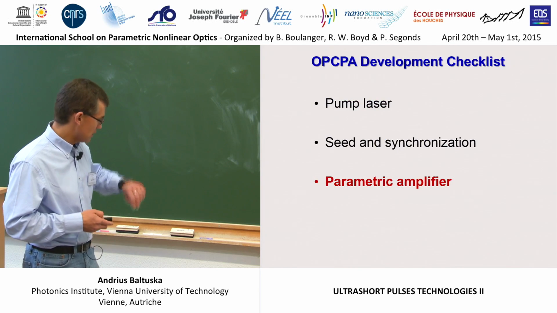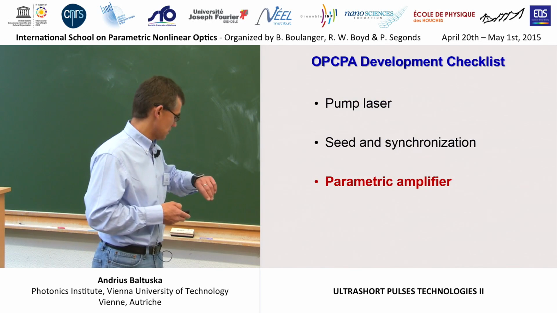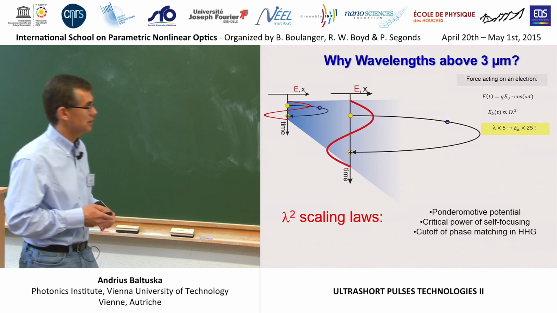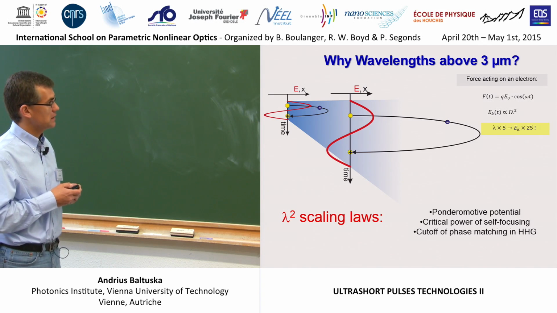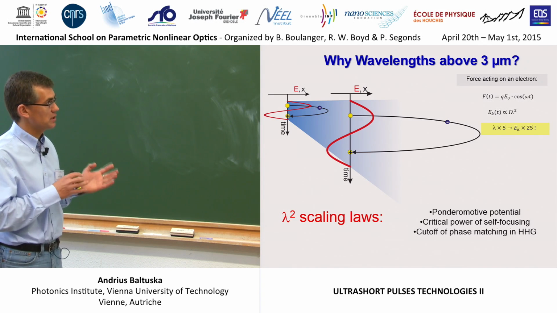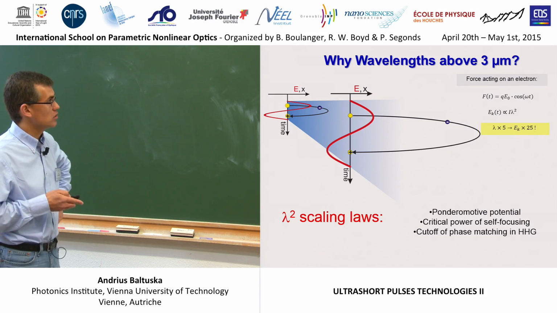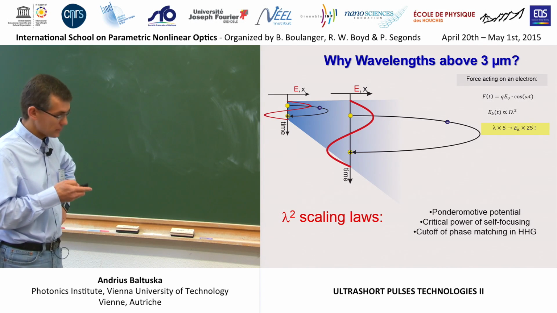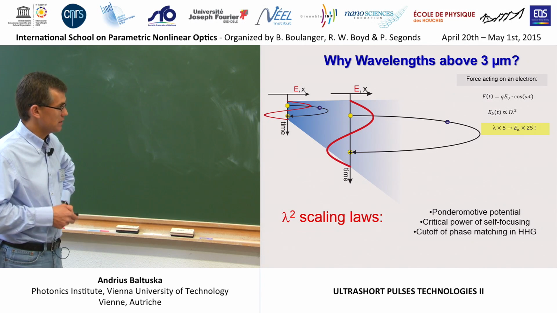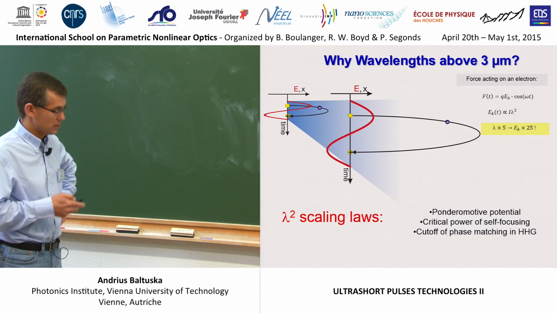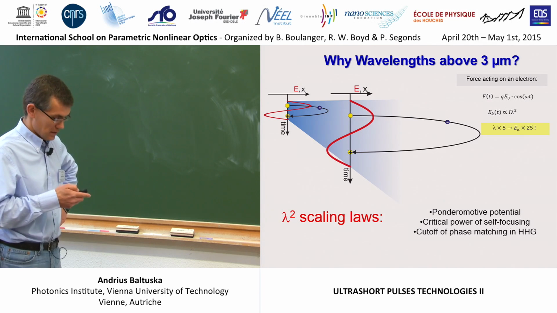Okay, and now speaking about the parametric amplifier, I want to show concrete examples. So we are interested a lot in pushing the wavelengths to the red and toward the infrared. And that's because several lambda squared laws are involved here.